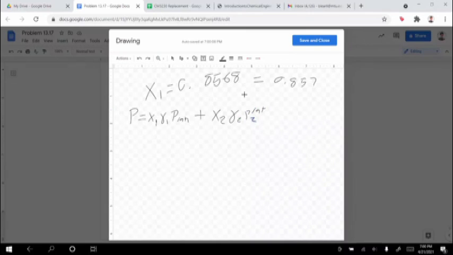And that expression looks like this once we plug in our gamma substitutions and our x substitution. We do know x1 now, so we don't have to keep guessing on that.